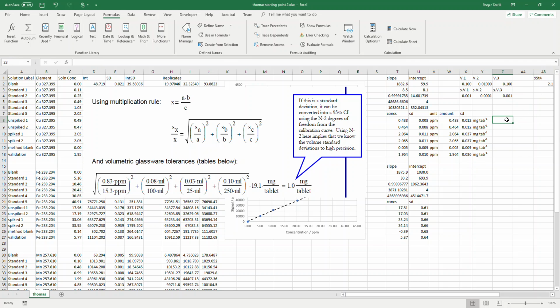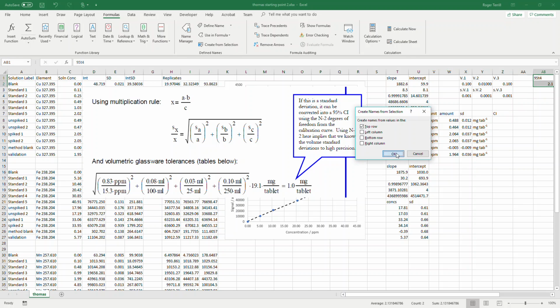And so the standard deviation is 0.12. The confidence interval is T times S over root n, so it's going to be equal to, let me give this a name here. This guy, we're going to name it.